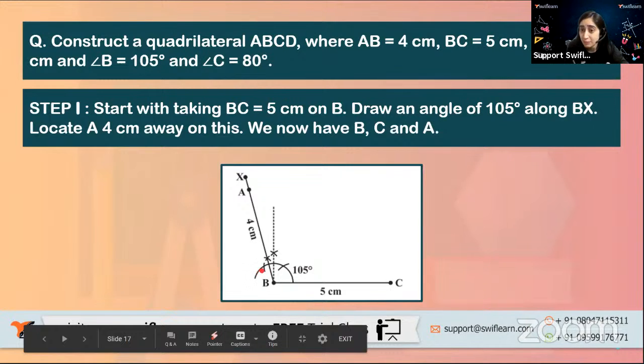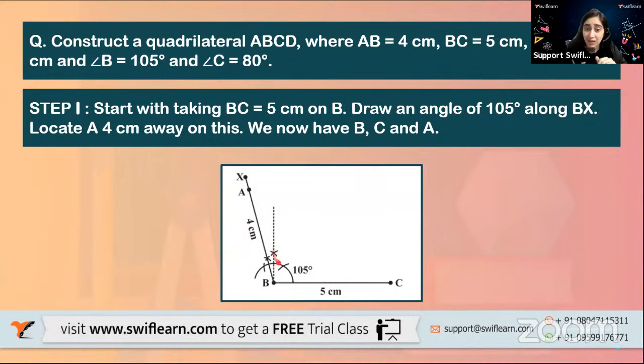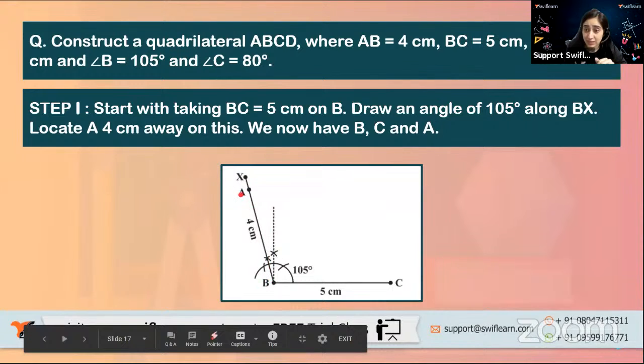When I divide by 2, it comes out to be 15, right? 90 plus 15 comes out to be 105 degree. So the point at which these two arcs meet would be the point from where I will draw my ray, starting from B and going to the end point, which I don't know. It's a ray. So I'm labeling that ray as BX.